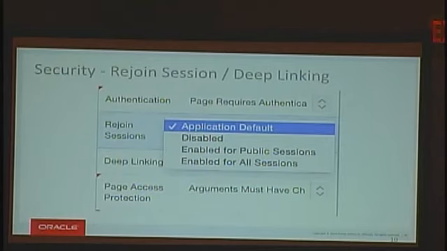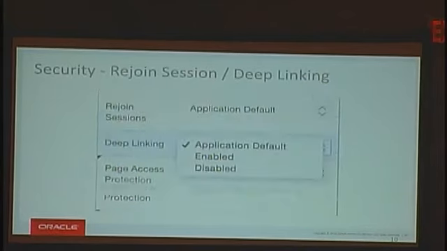With this deep linking, you're telling Apex, can you do that, or does everybody have to go to the main screen of your application? There's an application setting, a page setting, and an instance setting. So also on an instance level, you can specify if this is allowed or not.